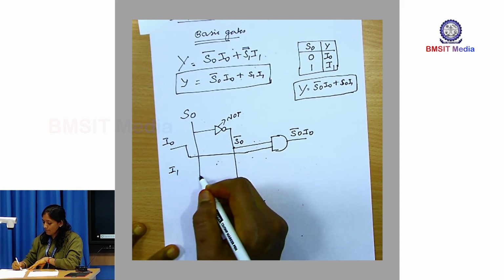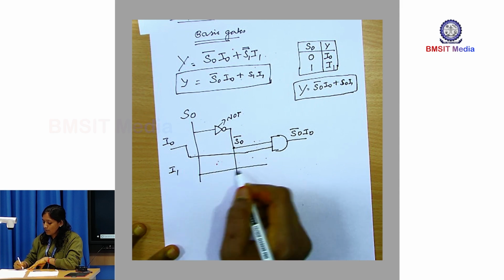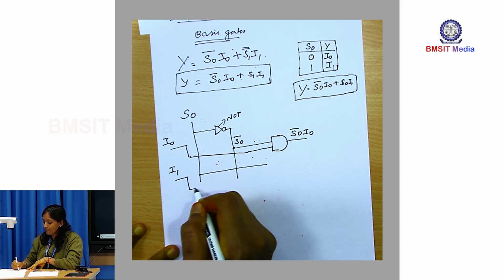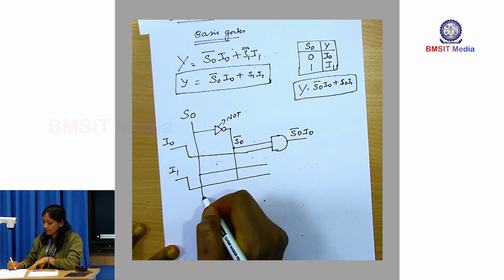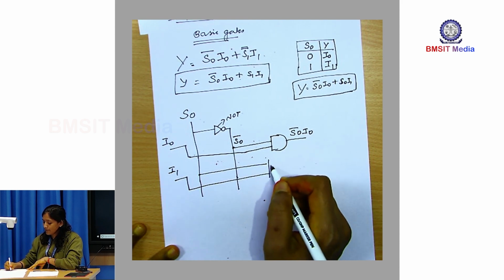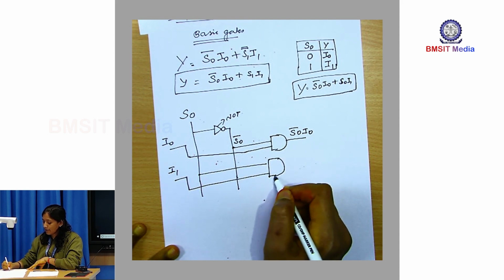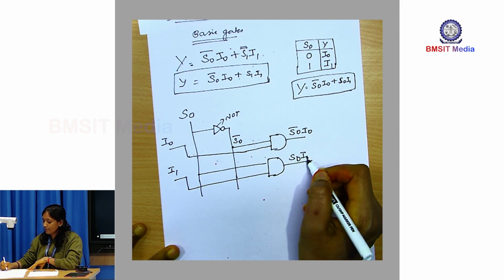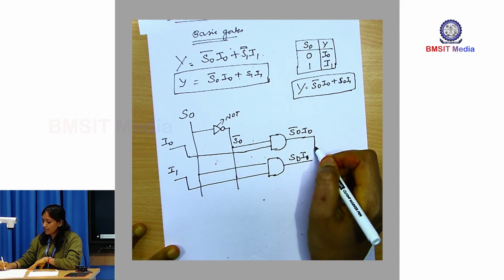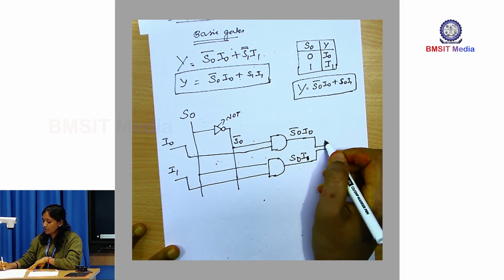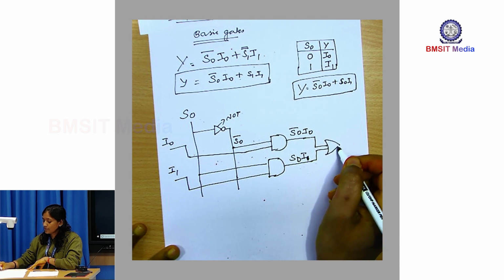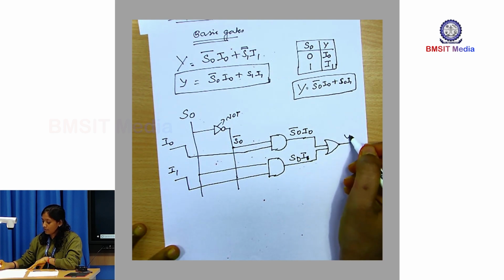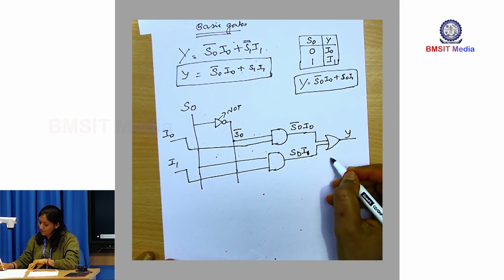Now, whenever my S naught is selected, what information is transmitted? I1 information is transmitted. This is my S naught, and this is my I1. Together they are passed to an OR gate. So, this is my Y output. What is my Y output?